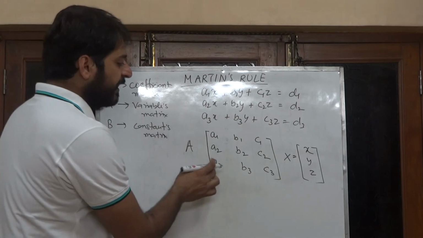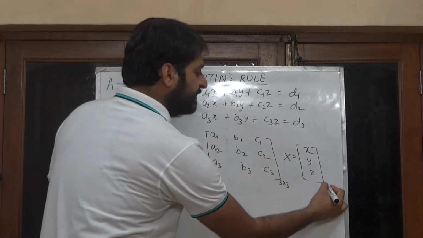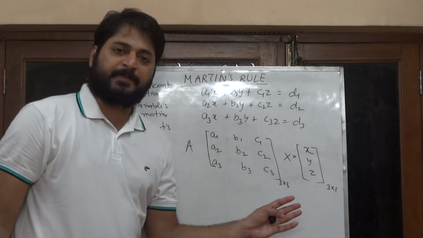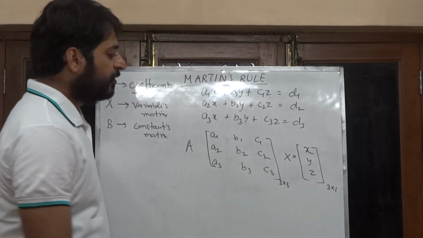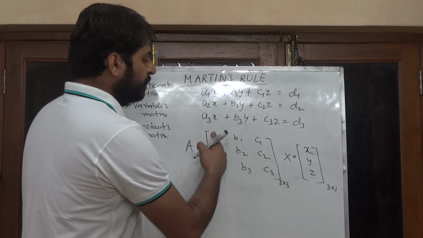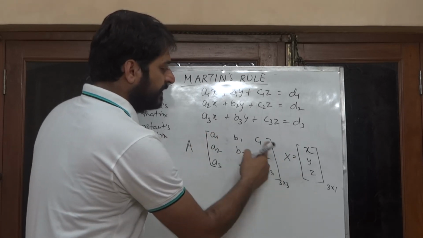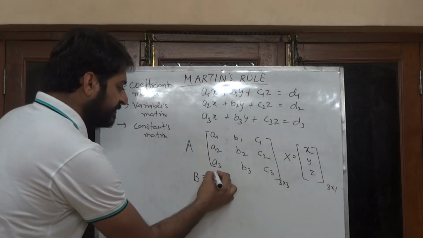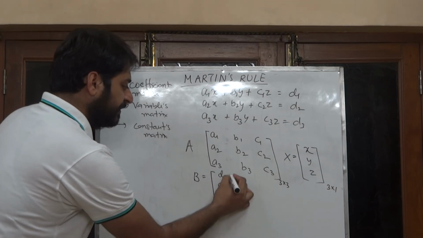Now the order of A is 3 cross 3, whereas the order of X is 3 cross 1. So it is conformable for matrix multiplication, as the number of columns in A equals the number of rows in X. If I multiply these, see what I will get: a1x plus b1y plus c1z. That is this matrix. And the B matrix is d1, d2, d3.